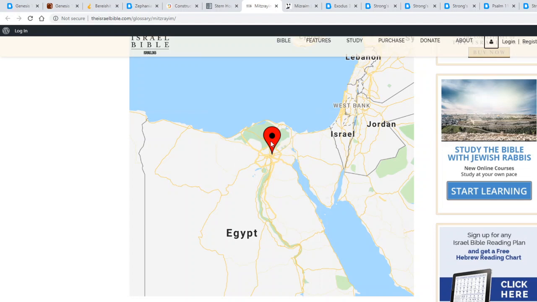because people really didn't have maps like that. They weren't seeing this, right? So this Upper Egypt, it's a broad area.